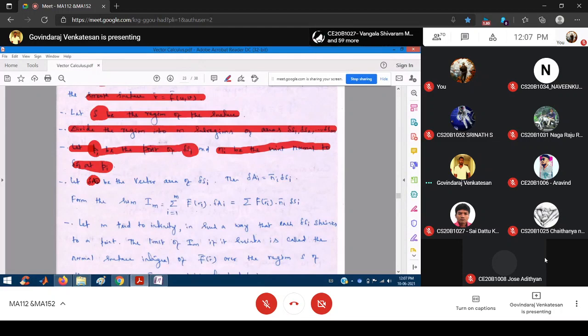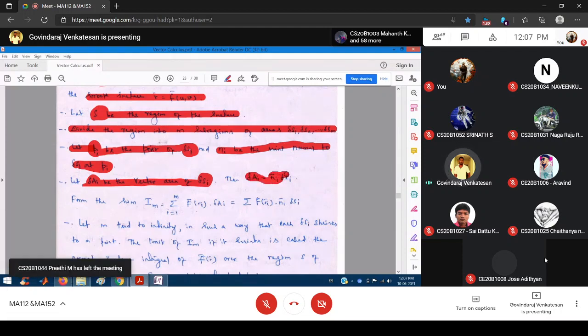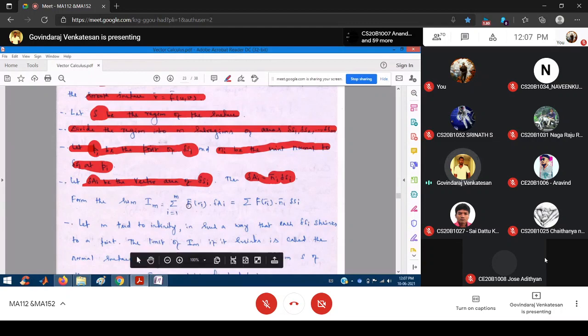So now let delta Ai be the vector area of the region delta Si. So for the small region delta Si, we can calculate it as the unit normal times the area. So delta Ai is nothing but Ni times delta Si. Okay. So this is about the small region. And also for each region we can define the value of F, which is capital F of ri dot delta Ai.